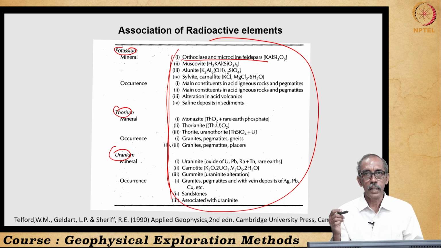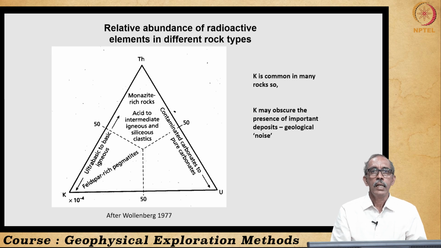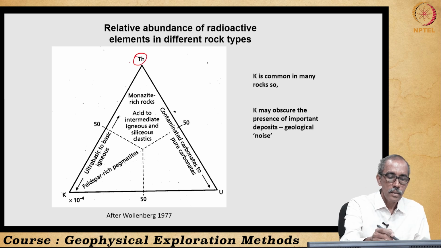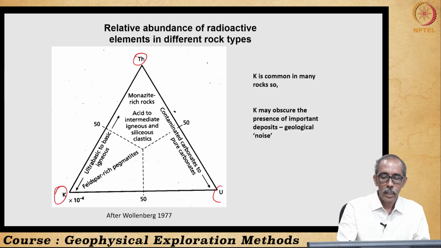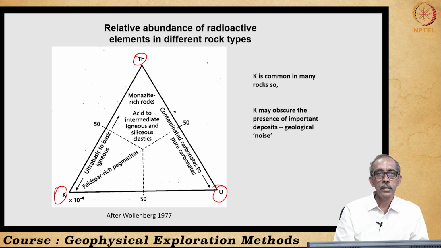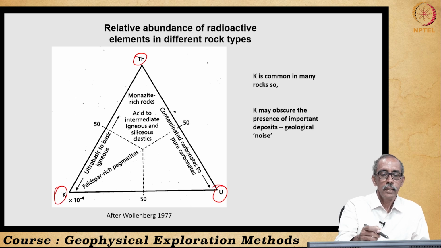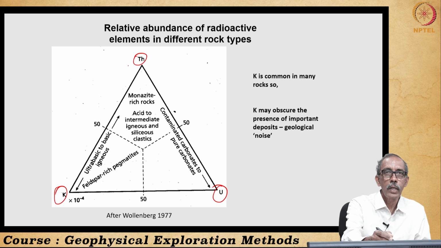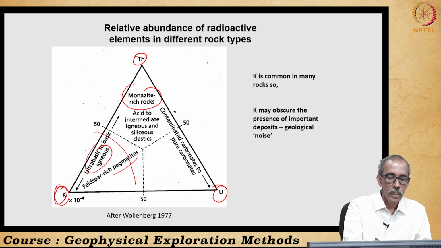And since these three elements are very important and they are radioactive, and present in most of the rocks, this trilinear diagram indicates the domination of a particular element in different types of rocks. For example, potassium is present in most of the igneous rocks and specifically in pegmatites.